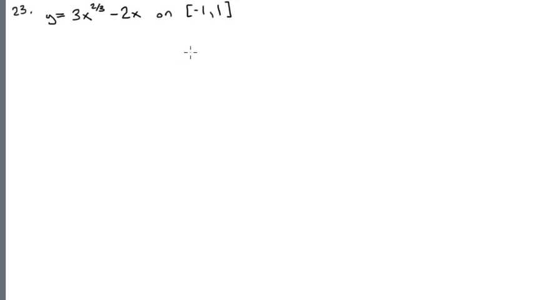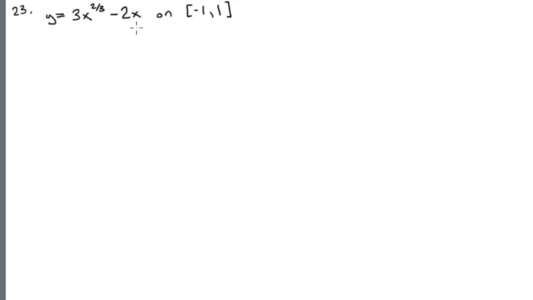So we're trying to find the absolute maximum and absolute minimum that occur on this interval. Now, one thing that we have to figure out is where this function is continuous. We are taking a cube root, and a cube root is defined for all negative and all positive values, so that's good.